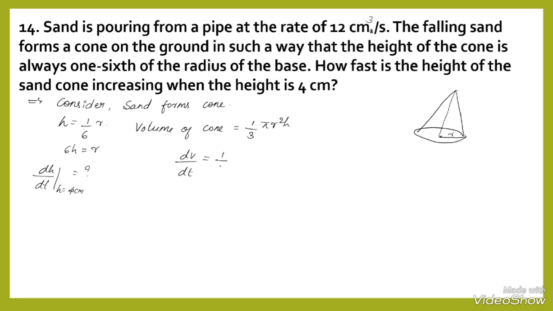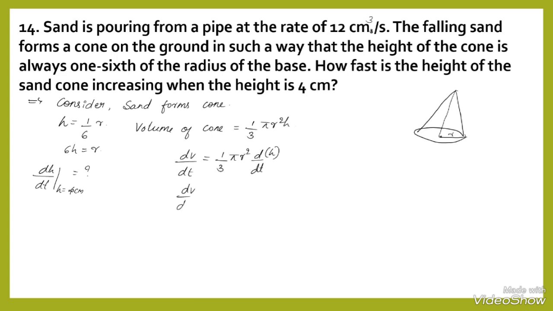So I can take 1/3 pi as a constant. The height will change, so I can differentiate d by dt of h. Radius also we have. I can substitute the radius by using this relation.